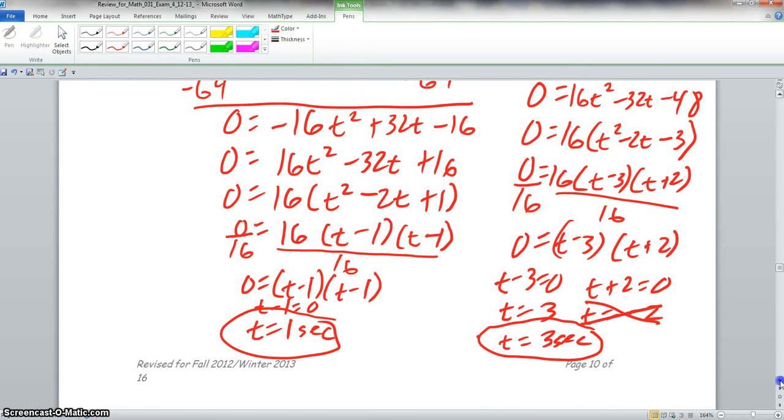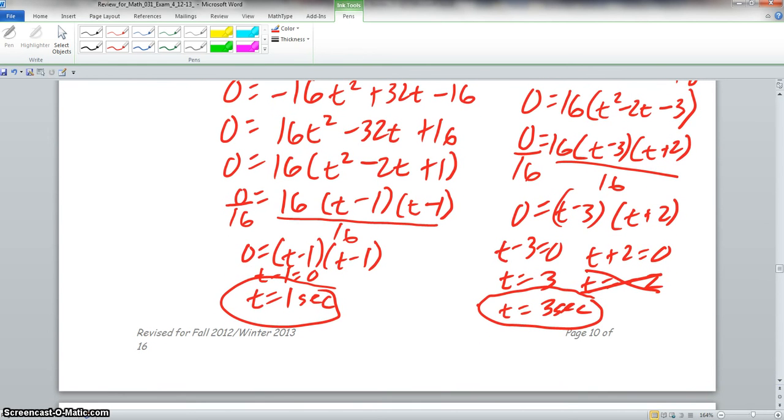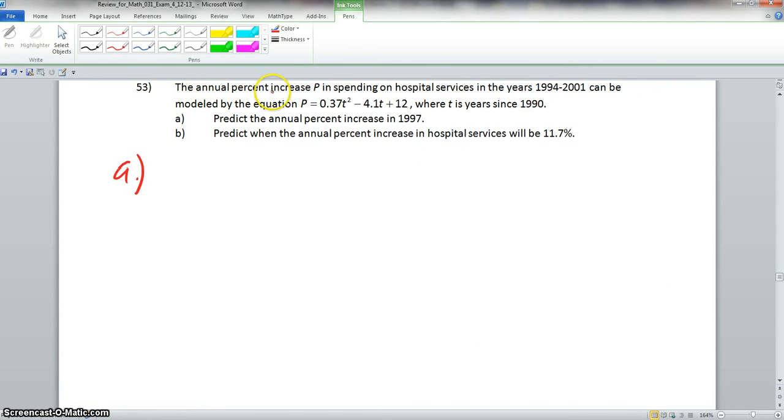Now we scroll down to our next problem. With problem 53, we have the annual percent increase P in spending on hospital services in the years 1994 to 2001 can be modeled by the equation P is equal to 0.37 t squared minus 4.1 t plus 12, where t is the years since 1990.